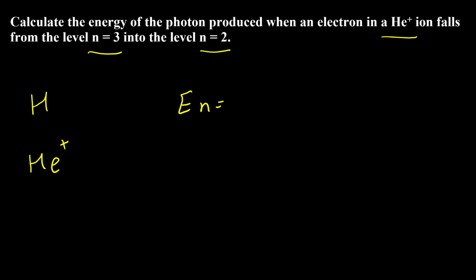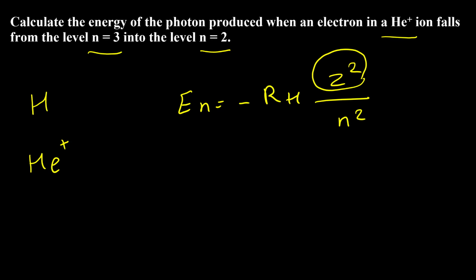The energy was negative R_H times Z squared over n squared. So in the hydrogen atom, because the charge of the nucleus is 1, we don't have this Z squared, we just have 1. But in helium, the charge is 2.